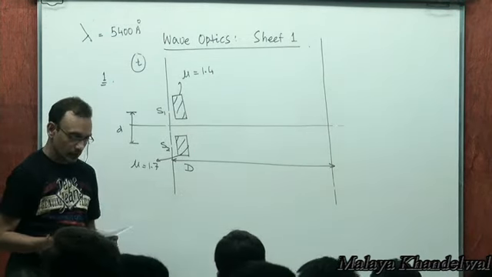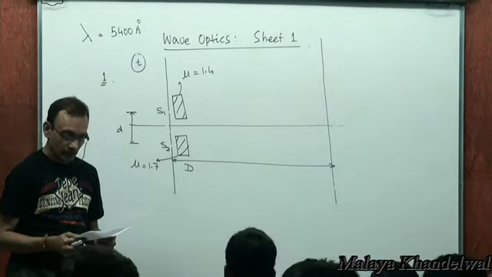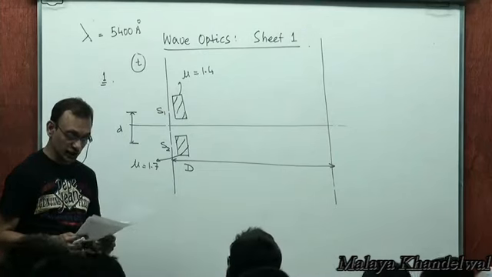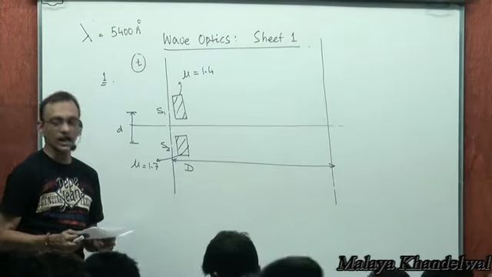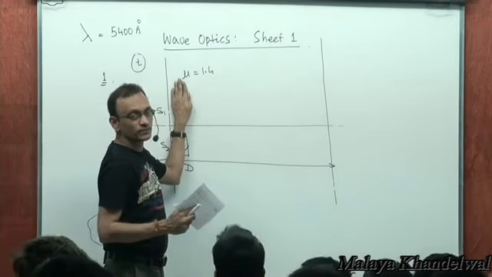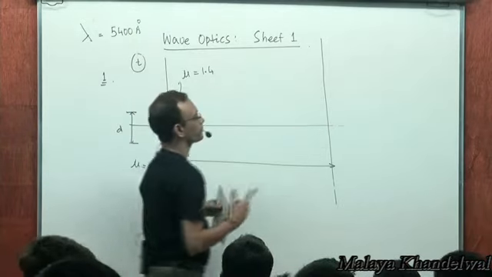Now, it is found that a point P on the screen is where the central maximum, n equal to 0, fell before the glass plates were introduced. Now, if there were no glass plates, where would you see a central maximum? At this point, right?